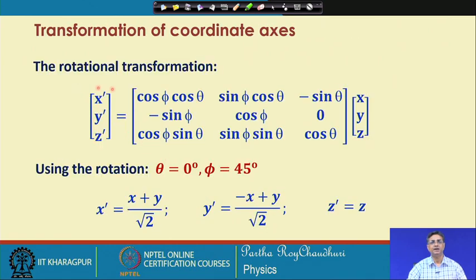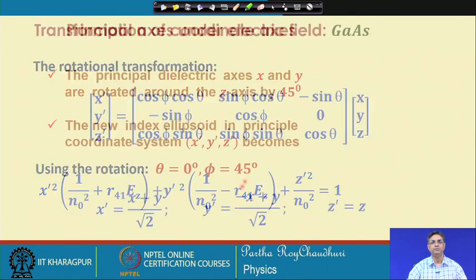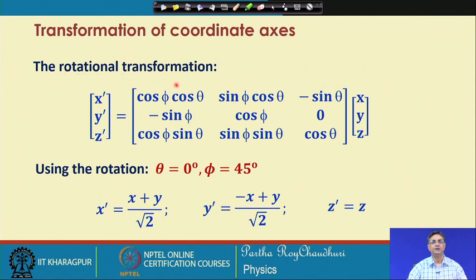So, to understand how we get this equation, let us look at the rotational transformation, that is, the new coordinate system connected to the old coordinate system by this transformation matrix. Now, for the particular case we are discussing, we will put theta equal to 0, because that is the rotation corresponding to x and y, and phi is the rotation corresponding to z.